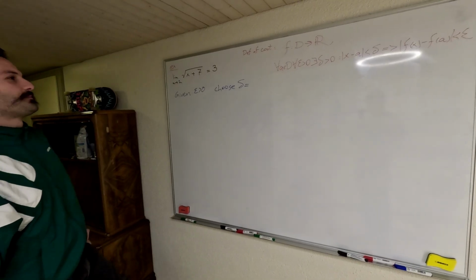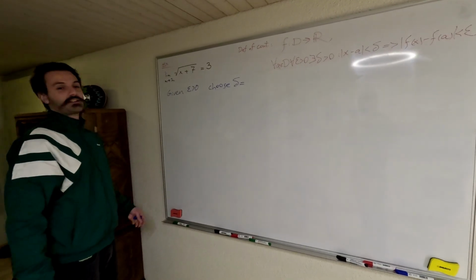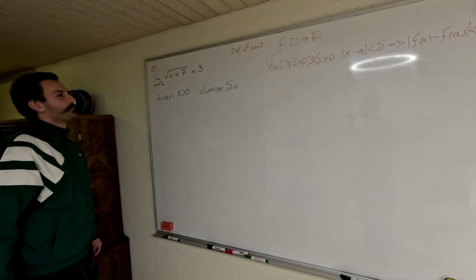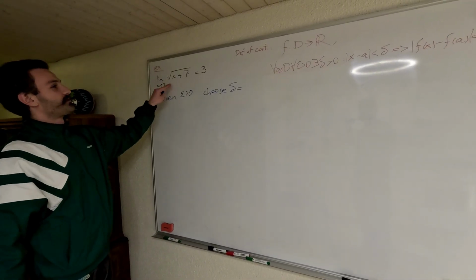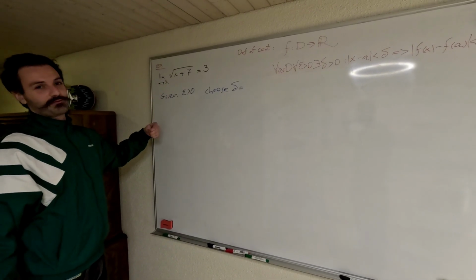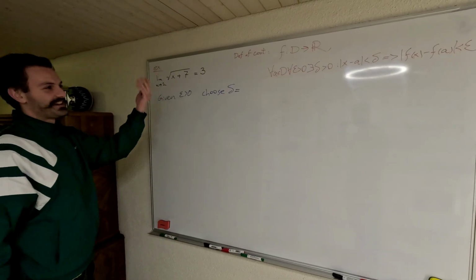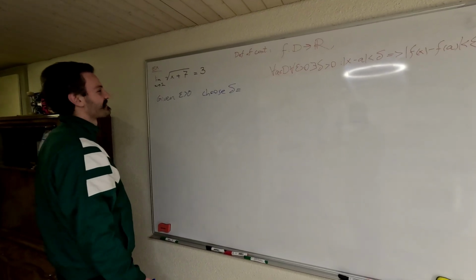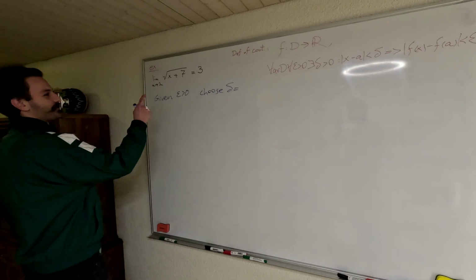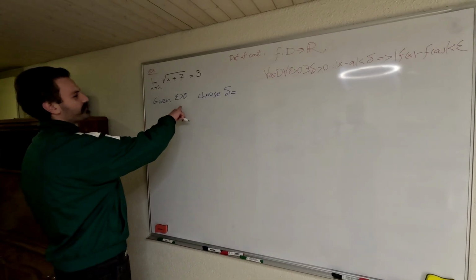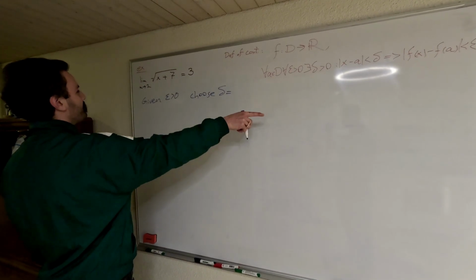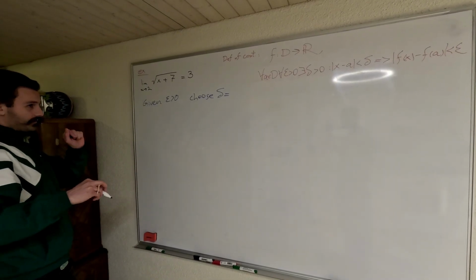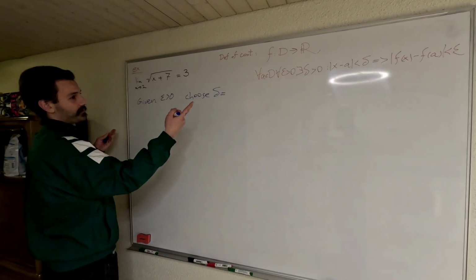All right, let's make an example with actual numbers. I personally found the square root situation to be the most helpful for me to understand such statements. And as earlier, we are given epsilon, we need to choose delta. We need to find this, and then we will work with the definitions.